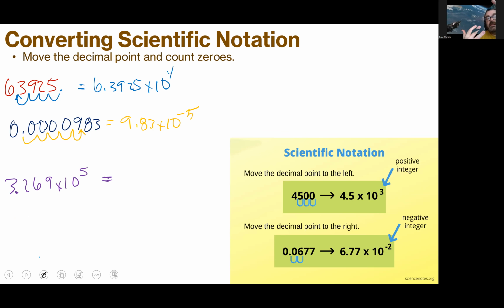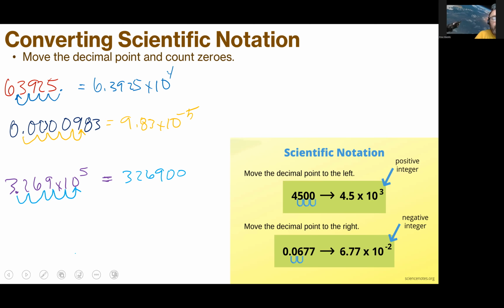Now, because it's bigger than 1, we want to make sure we move it in a way that makes the number bigger. So that's going to be to the right. 1, 2, 3, 4, 5, which means we have 3, 2, 6, 9, and then 1, 2, 3, 4, 5.